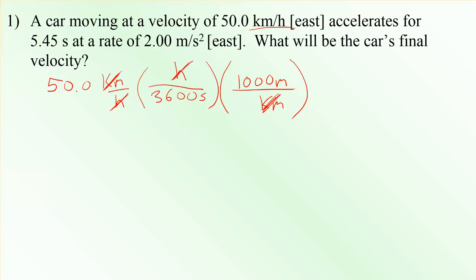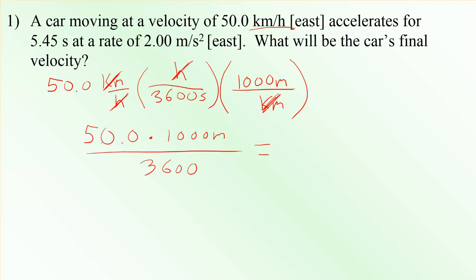So we can rewrite this, just to make it a little bit less confusing, as 50.0, and then 1,000 on the top, 3,600 on the bottom. So I'm going to multiply 50 by 1,000 because it's on the top, meters, divided by 3,600.